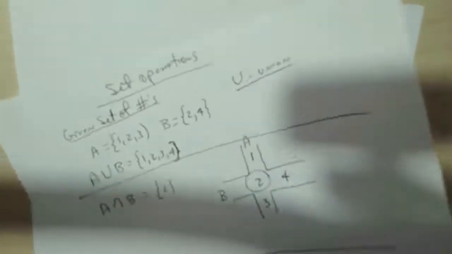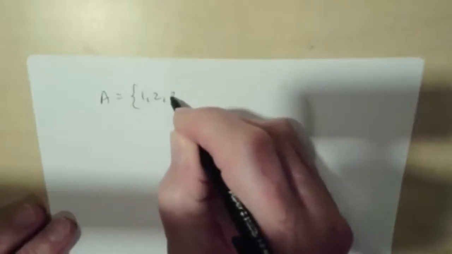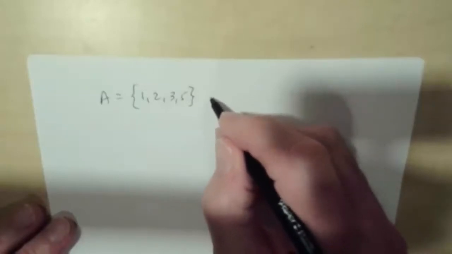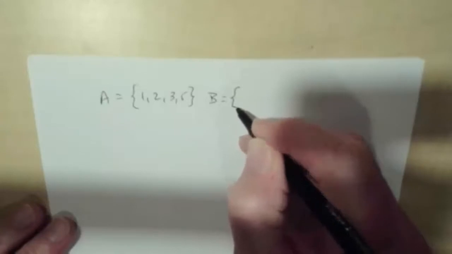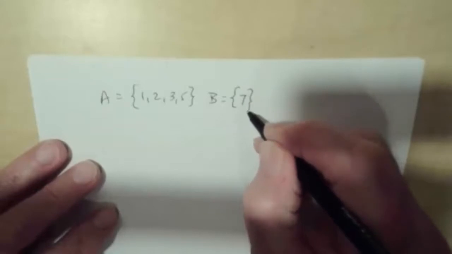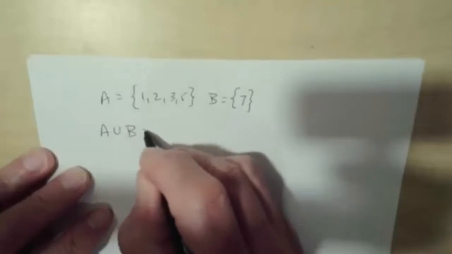Now, what if we have this? What if you're given that A is 1, 2, 3, 5, and B is 7. A union B is all of the numbers, all of them.